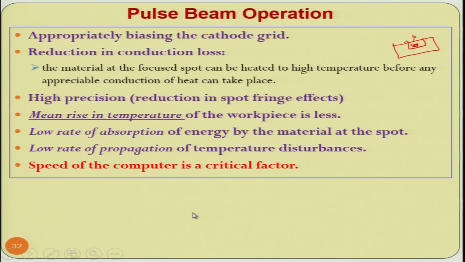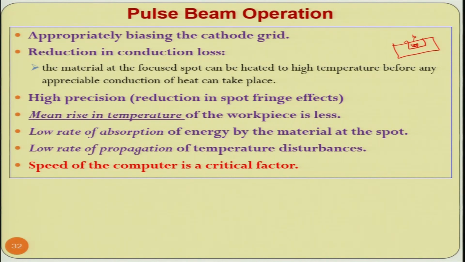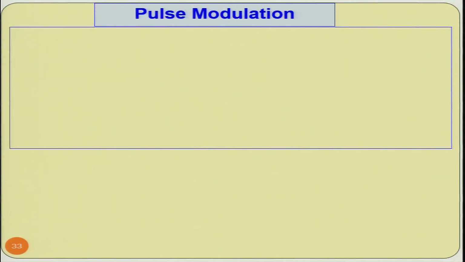And speed of the computer is also a critical factor, because here computer means control system, and the control system is going to control all the operations: movement of the workpiece, beam diameter, beam focusing, beam location on the workpiece surface, etc. So, it should be quite high to control it before really anything gets changed on the workpiece.